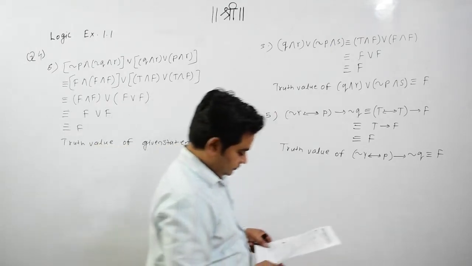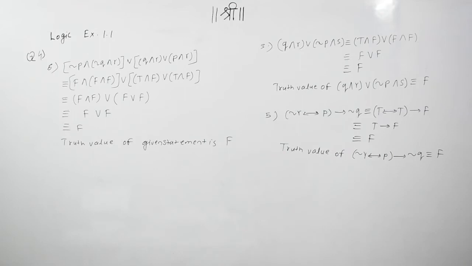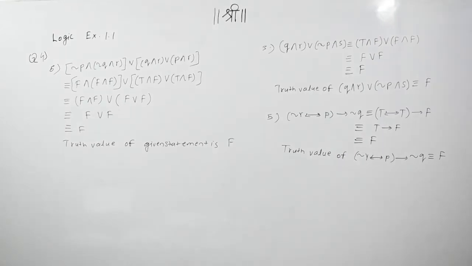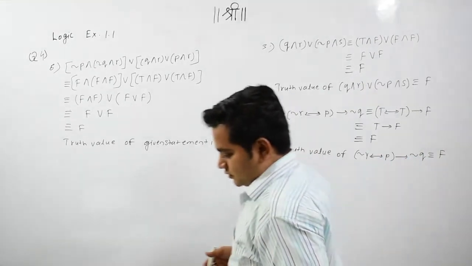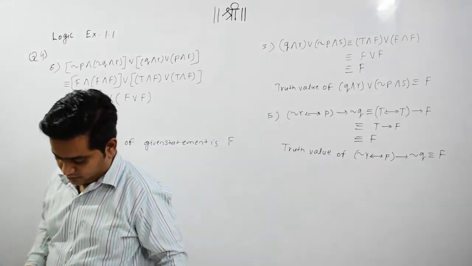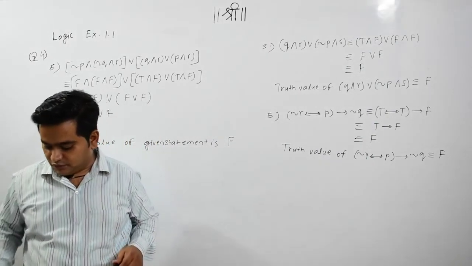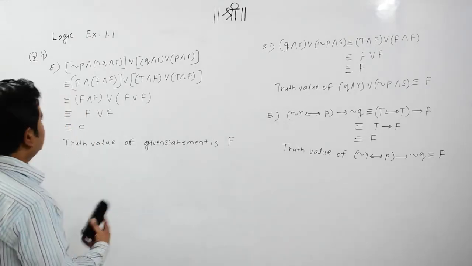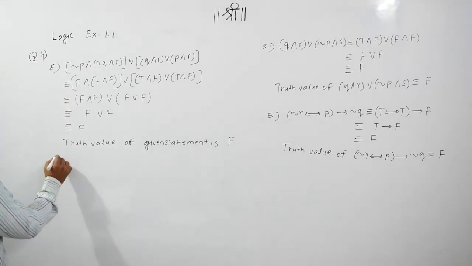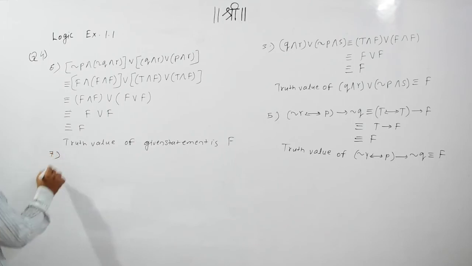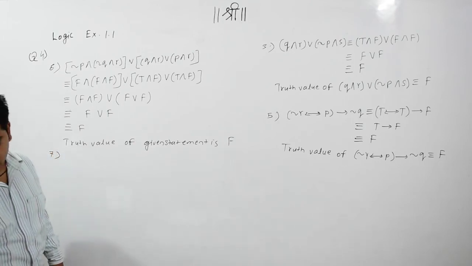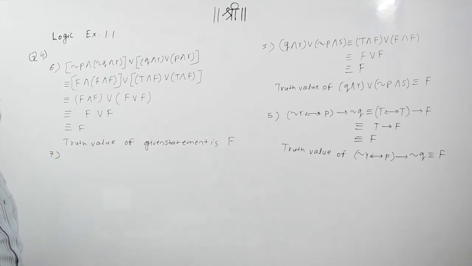Next. Now the next question, question number 7. It has a similarity with question number 6. We need to simply substitute the values and understand what exactly they are performing.